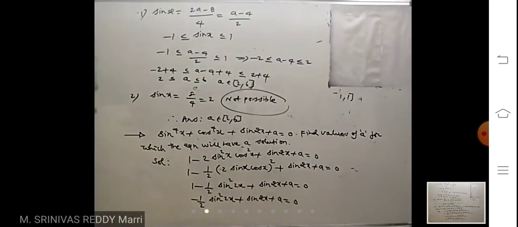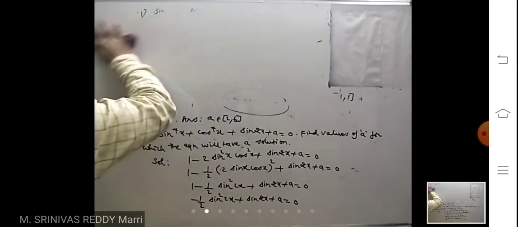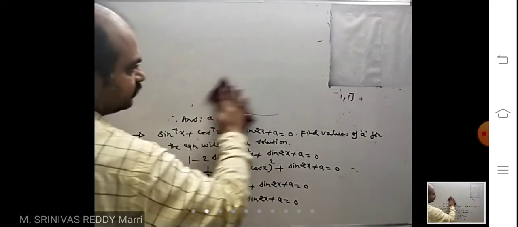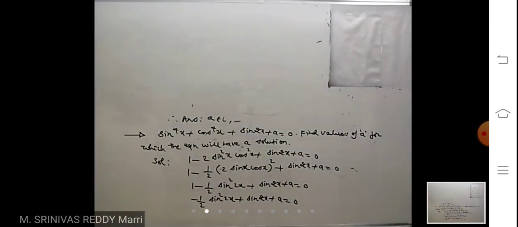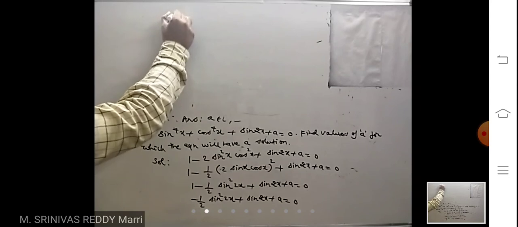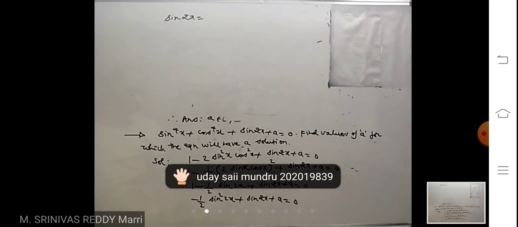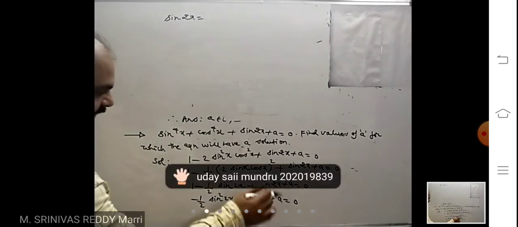Now this is a quadratic equation in sine 2x. I want to solve for sine 2x using the formula minus b plus or minus. So sine 2x equals minus b plus or minus root of b square minus 4ac, where a is minus 1 by 2, b is 1, c is a.